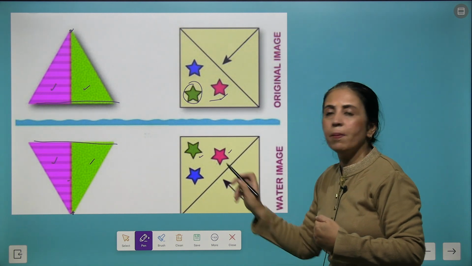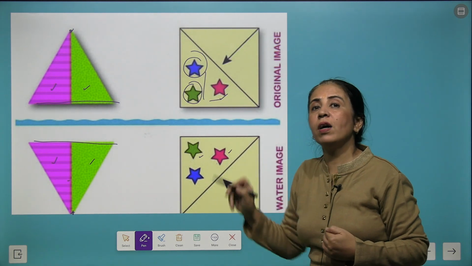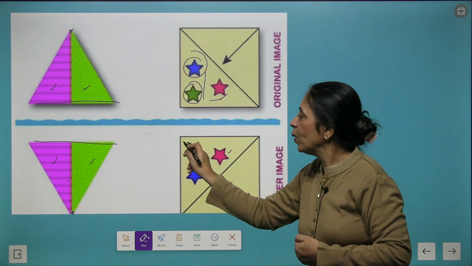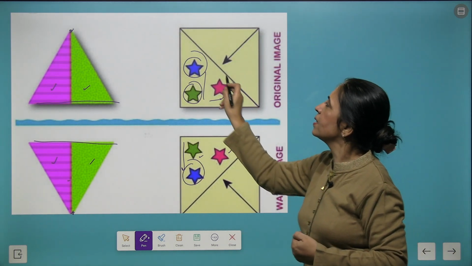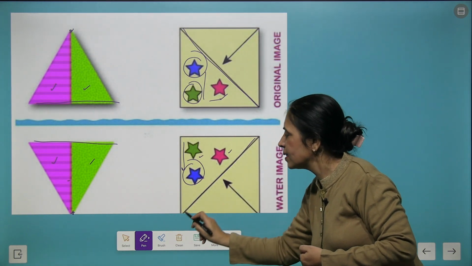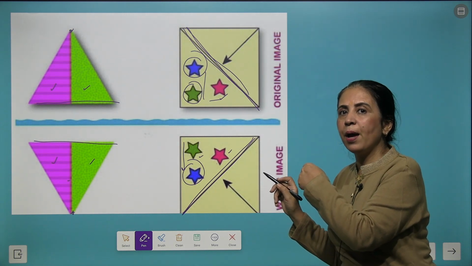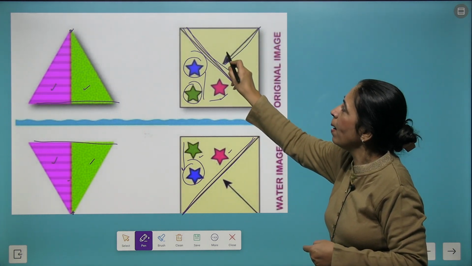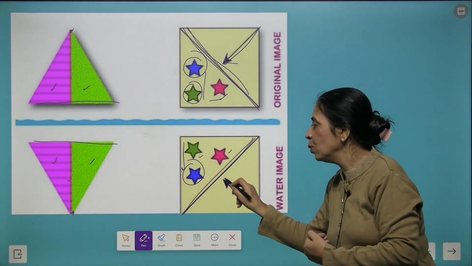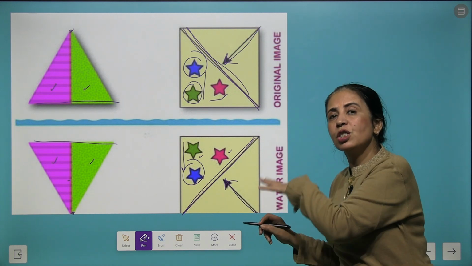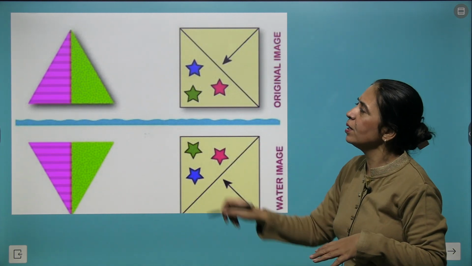Here it is at the bottom, here it is at the top. And moving upward we have a purple color star. So we say we move downward to get a purple color star, and this turned line is diagonally at the same location. Now can you see the arrow? Here the arrow is coming from up to down, but here the arrow is coming from downside to upside. So such images are called water images. I hope you understood it.